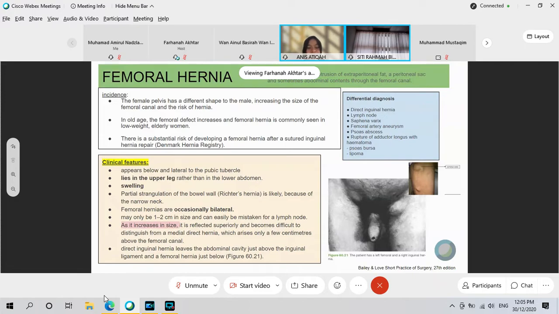For the last two points, I took them from Browse, and the rest is from Bailey. And the last one is lipoma, which can be mistakenly diagnosed.